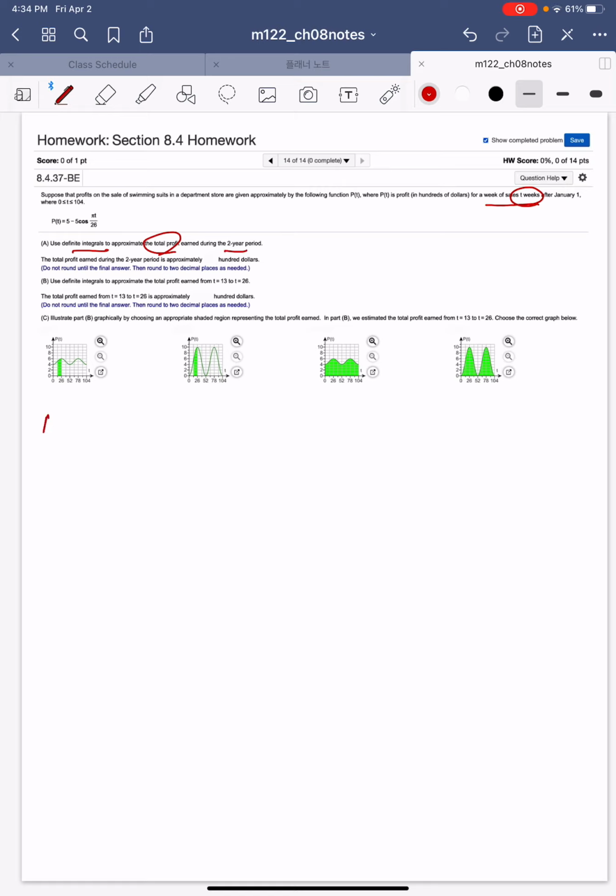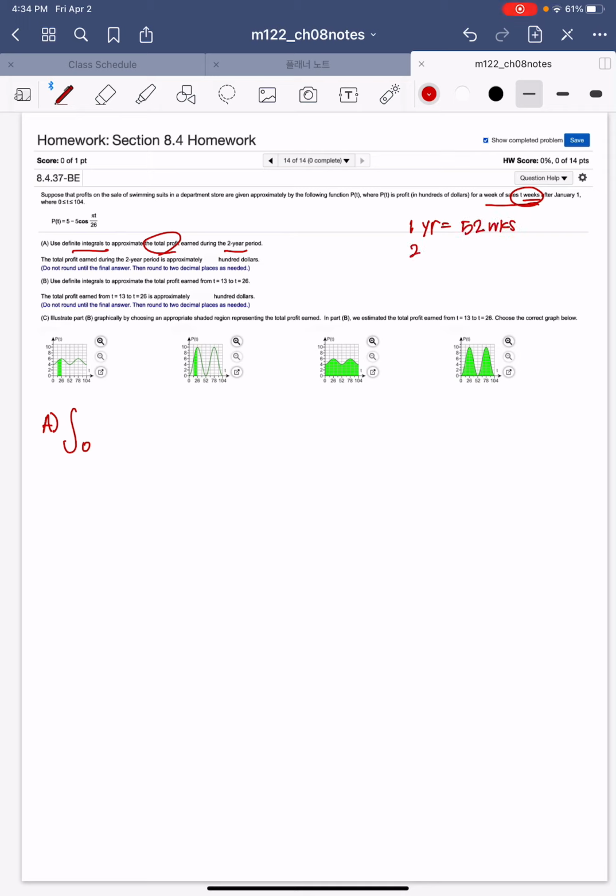So part A, I need to set up the total 2-year period. So that's 0 all the way up to 2 years. Now, be careful, my t is in weeks, so we have to count the number of weeks in 2 years. Well, in a 1-year period, there are 52 weeks.